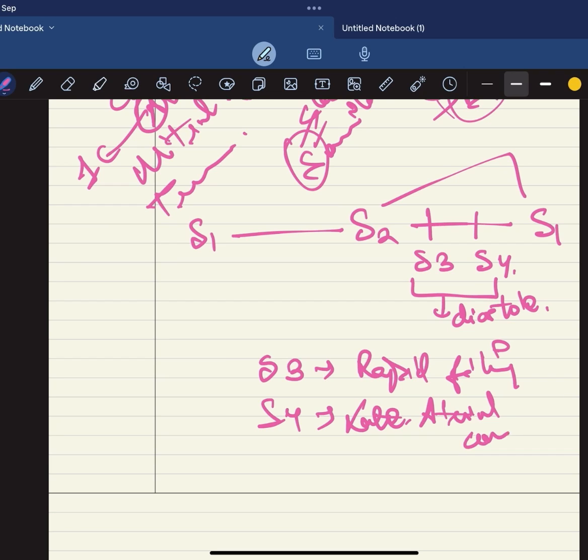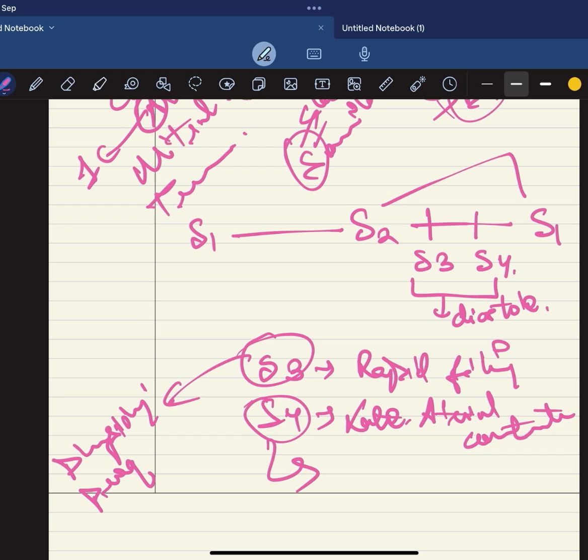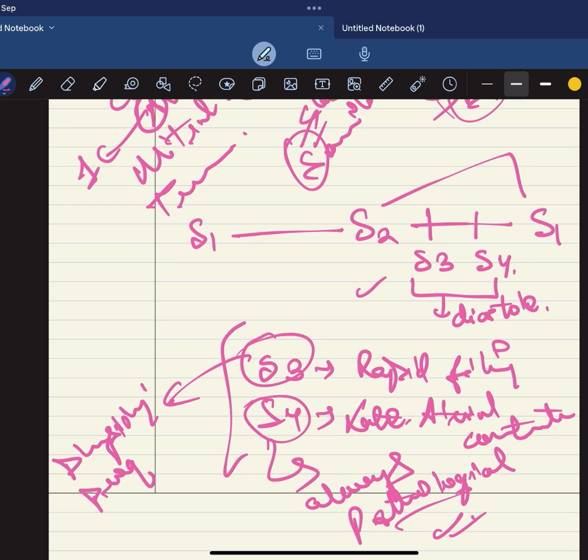The S3 can be physiological. This is a very common question that comes in an exam: S3 can be physiological in athletes, in children, and in pregnancy, but S4 is always pathological. S4 is never physiological. So both these S3 and S4 are diastolic since they come between S2 and S1.